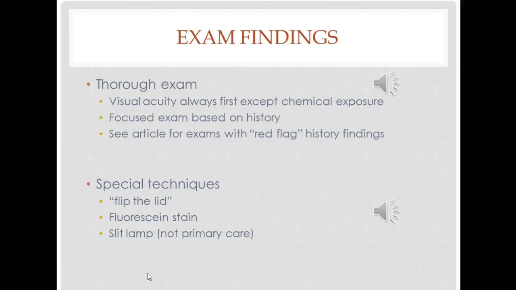Then you're going to be looking at the conjunctiva overlaying the sclera. And in that conjunctiva, again, you're looking for what's called ciliary injection or the redness or pinkness that is characteristic of conjunctivitis and some of the other red eye conditions.